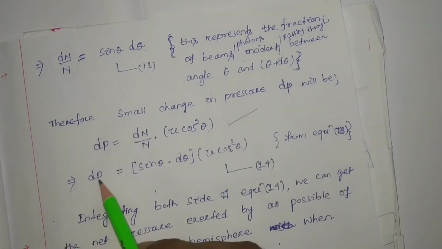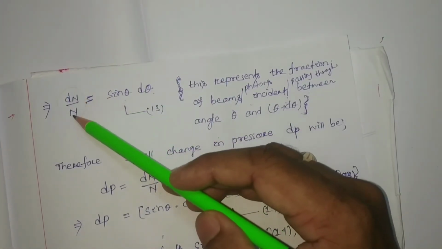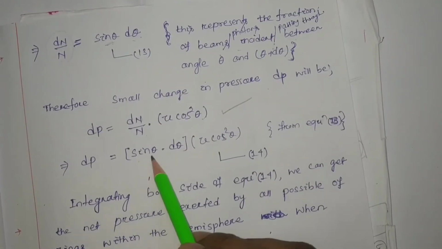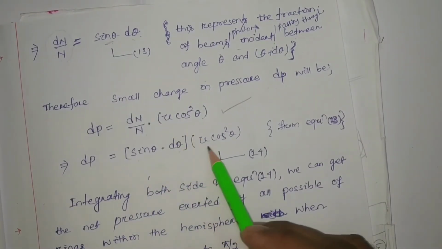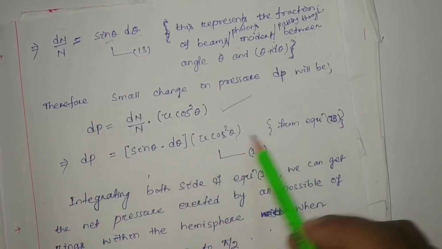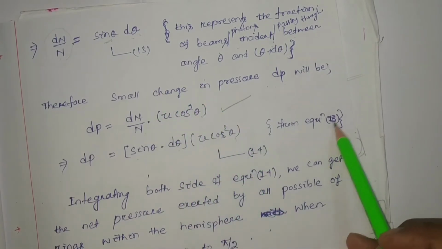That implies dP will be equal to, here dn by n we found is sine theta d theta. Just put it over here: sine theta into d theta into u cos square theta. Let this be your equation number 14. These things we found from equation number 13.